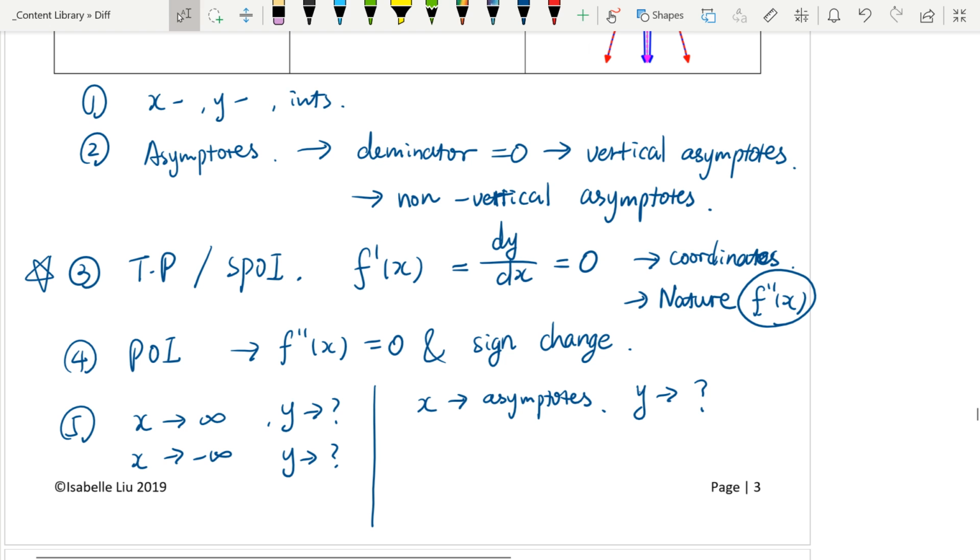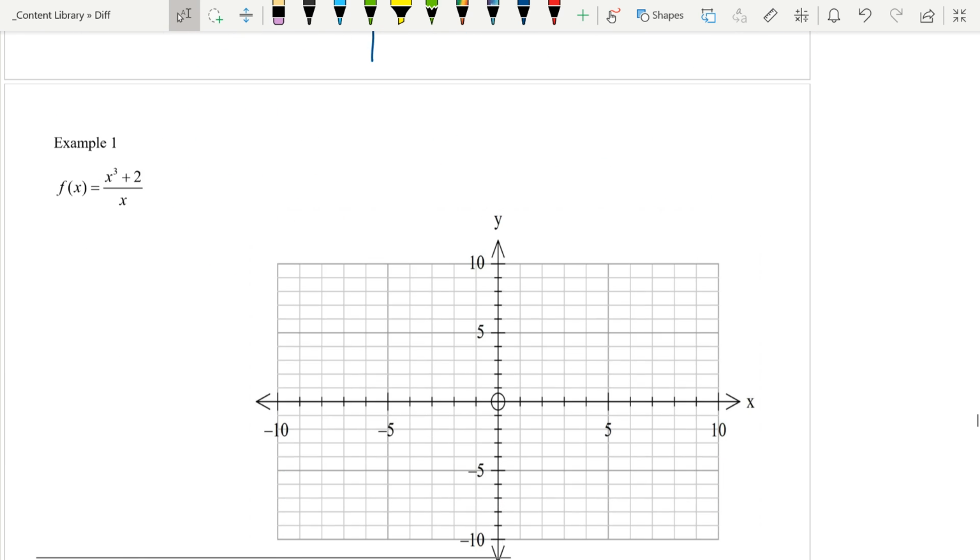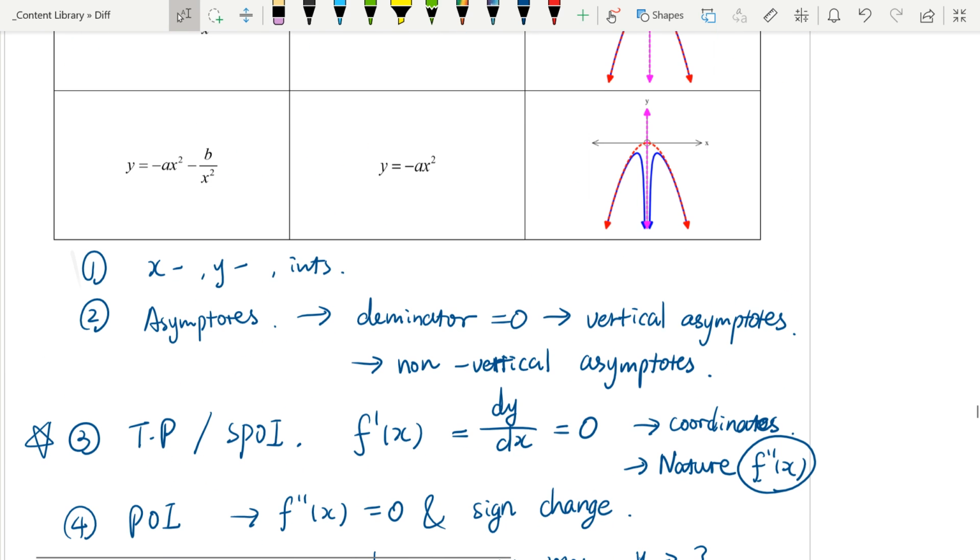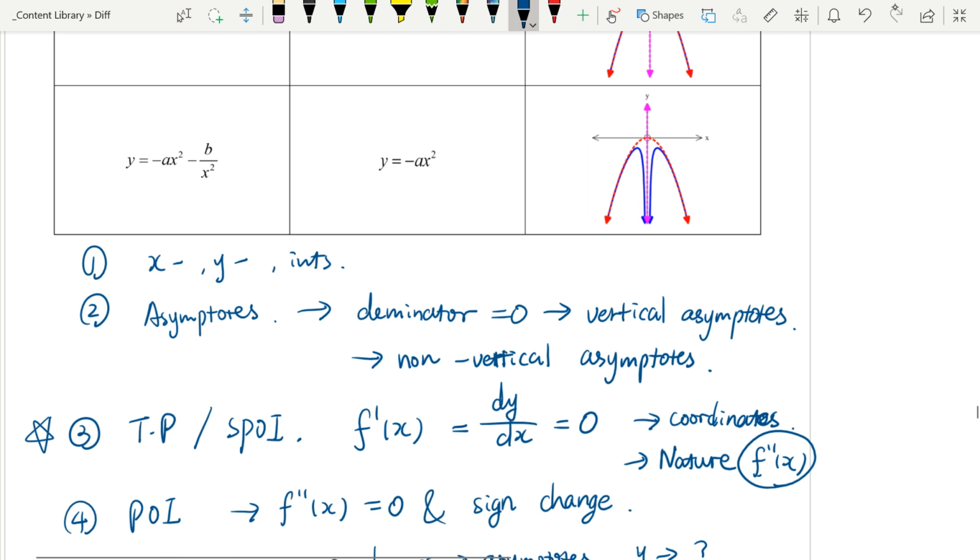We'll see a couple of graphs and then come back to decide if there are more things we can add to this checklist. Before that, step 0: if the power of the top is higher than or equal to the bottom, we need to do long division first. That's something I forgot to talk about.